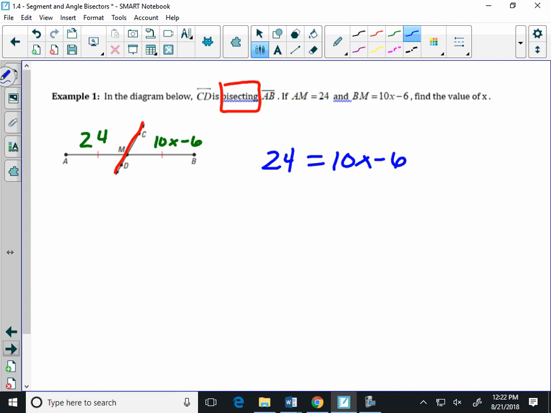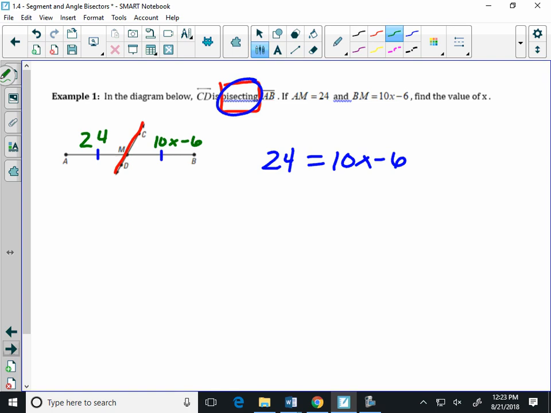So the two pieces are equal. They're the same. They're congruent. And if we know they're the same, all you have to do is just set them equal to each other. And then just solve the equation. So little helpful hint. Whenever you see bisecting in your directions, you're setting two things equal to each other every time. Okay? Because the two things are going to be equal.